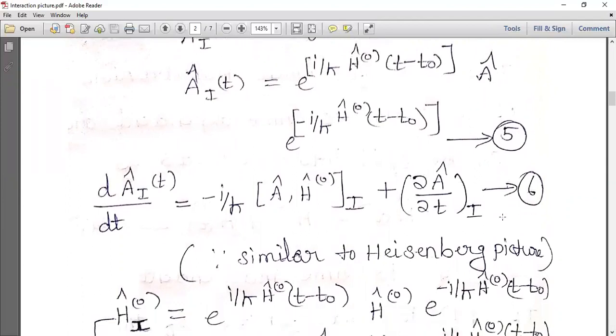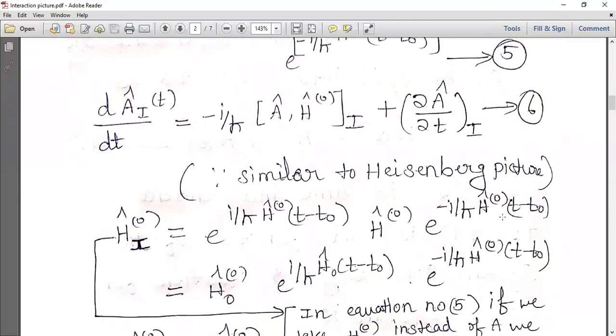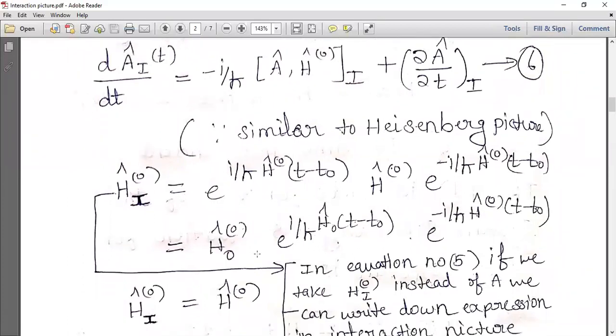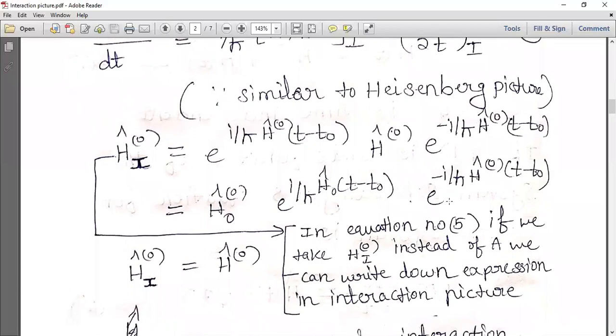This is nothing but the Heisenberg equation from the Heisenberg picture. Now H I naught equals the exponential term with H cap naught and the exponential of the opposite sign.